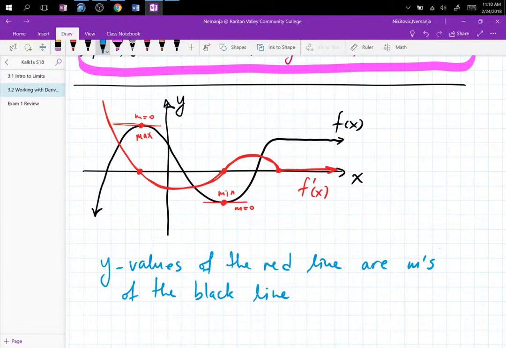So I'm going to pick two x values in this graph.